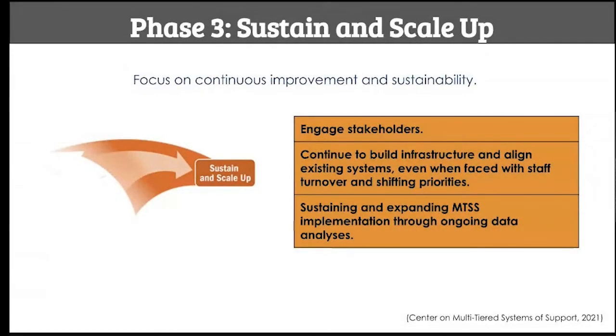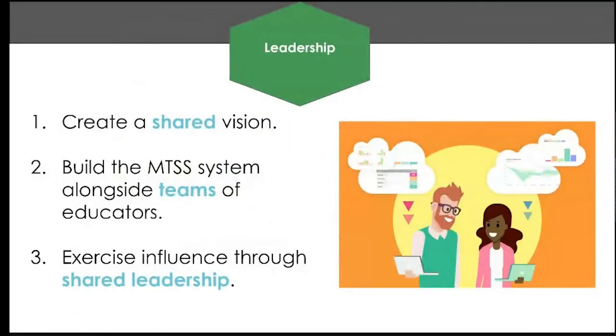In phase 3, teams focus on engaging stakeholders, continuing to build infrastructure and aligning existing systems, even when they are faced with staff turnover and shifting priorities, which happens, and sustaining and expanding MTSS implementation through ongoing data analyses. And as you can see, a healthy, effective MTSS system is a collaborative process that necessitates strategic and data-informed teamwork.